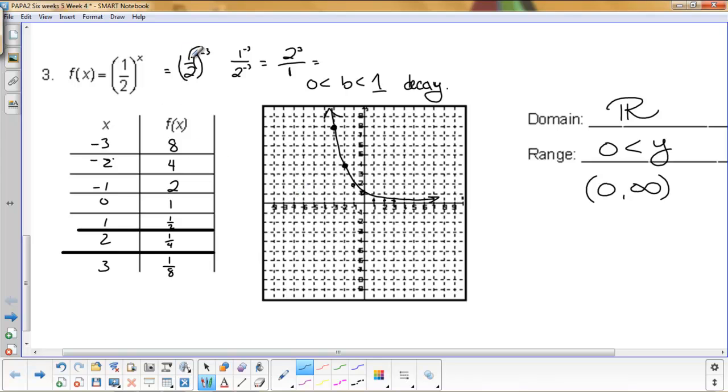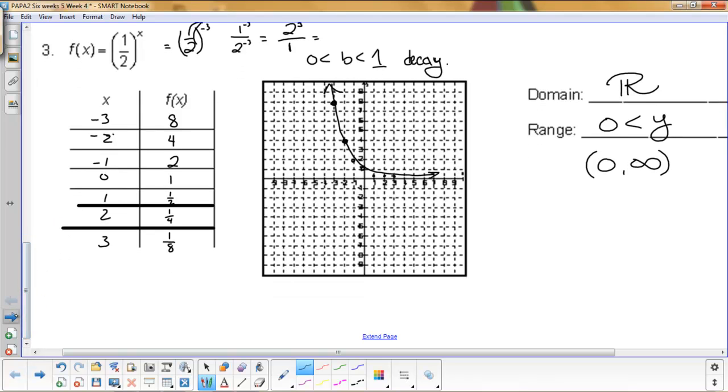Notice what happens when you have your negative values placed in here. Notice that your negatives switch position and you get the larger numbers first, and then the smaller numbers, the fraction numbers, that come second. So here is your curve, and here is your domain and range. Again, because there are no vertical transformations, there is no change to your range because of the lack of change on the asymptote.